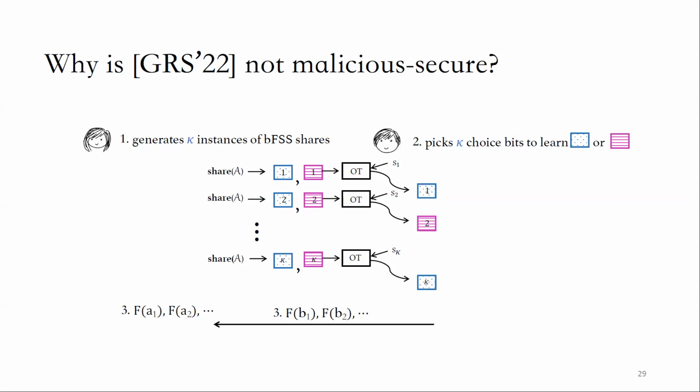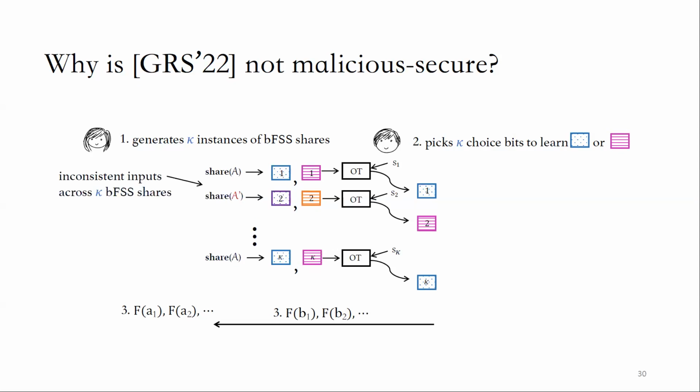So the far more damaging situation is when Alice is maliciously corrupt. Well, one thing she could do is that she could secret share inconsistent inputs across these kappa shares. Another thing is that she could just feed in junk values to this FSS shares. They need not even correspond to the structure that she claims to have.